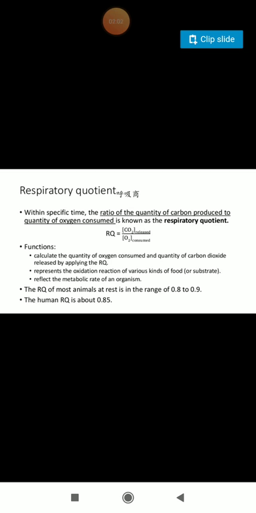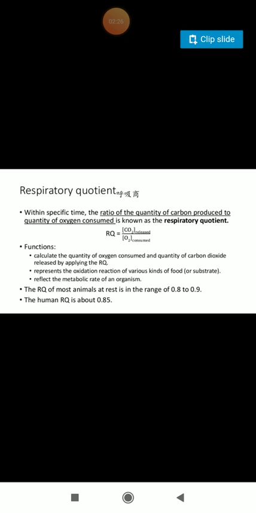In respiration, oxygen is used up and carbon dioxide is released. So it is simply the ratio between the volume of carbon dioxide released and the volume of oxygen consumed: how many moles of oxygen are consumed, and how many moles of carbon dioxide are released. So this is respiratory quotient.